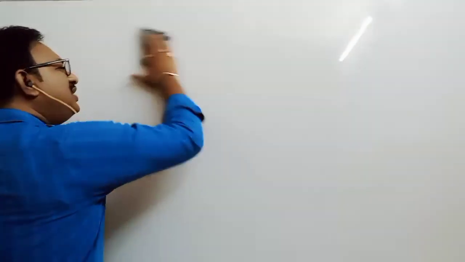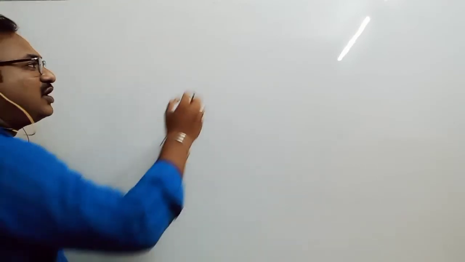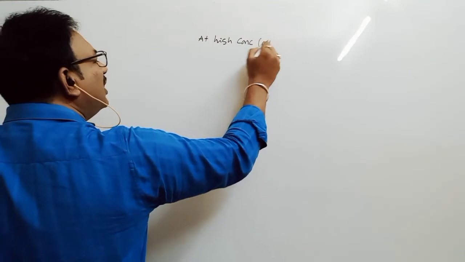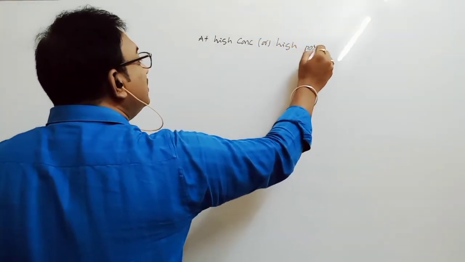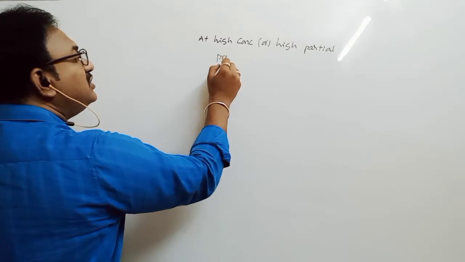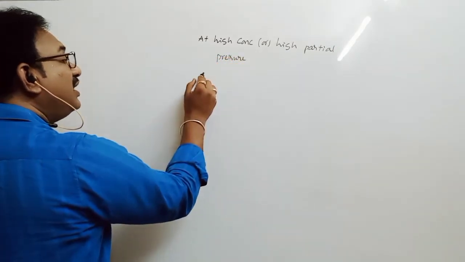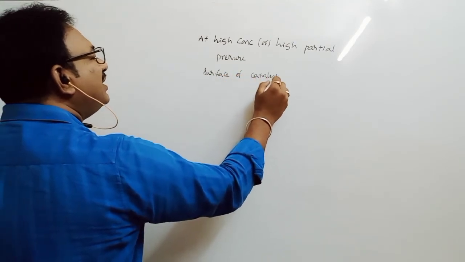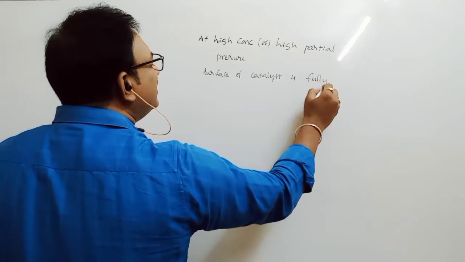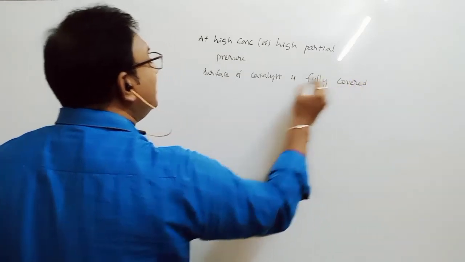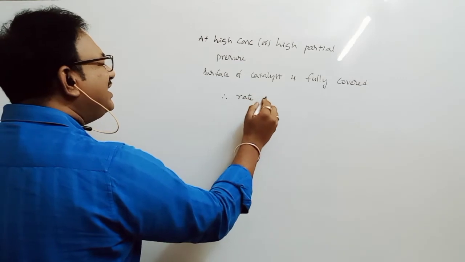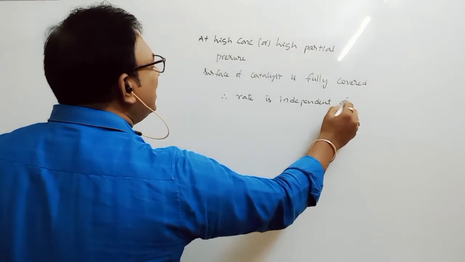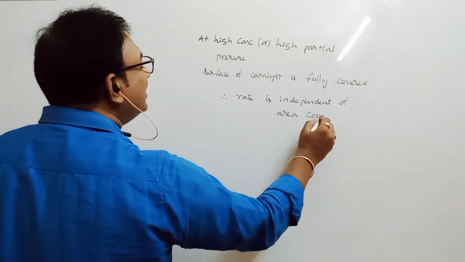And if it is a high concentration or high partial pressure, now just assume adsorption at high concentration or high partial pressure. What will happen? The surface of catalyst is fully covered. Therefore, rate is independent of area covered.